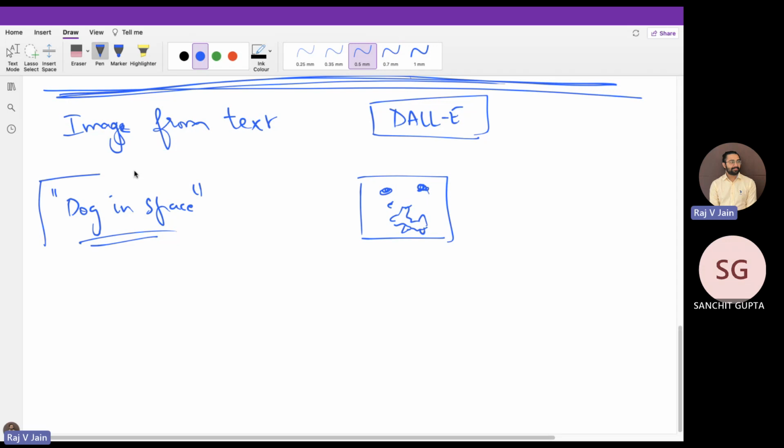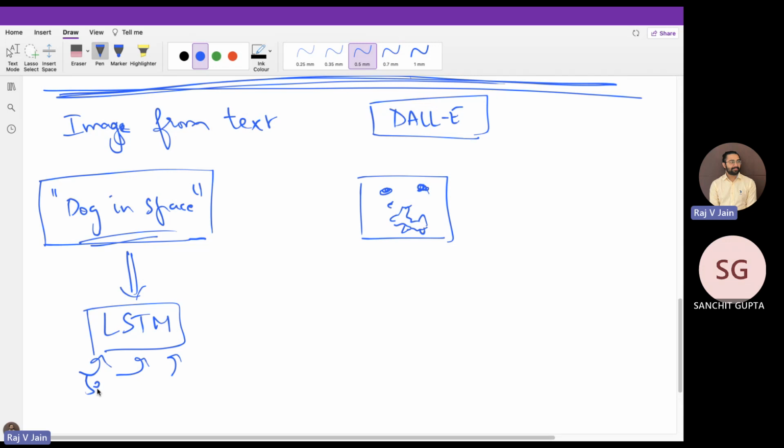The idea is you will summarize this text in some sort of a vector. Ideally, text processing systems like LSTM or some RNN system will process this text as a sequence and generate a summary vector of this text.